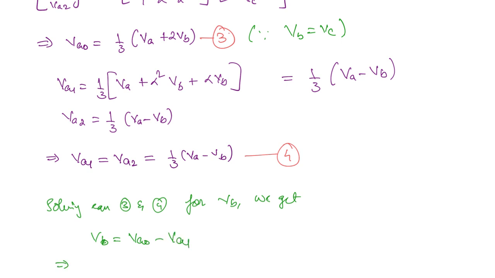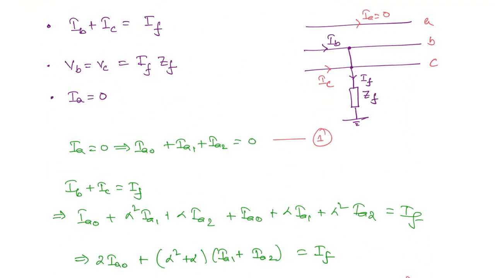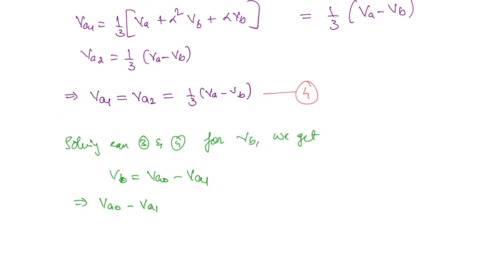Now once again, what is VB? Here we have this relation, VB is equal to VC is equal to IF ZF, right? So we will substitute IF ZF here. Now IF you can write as 3 times IA0, right? So this will become VA0 minus VA1 is equal to 3 IA0 ZF. This is the final relation.